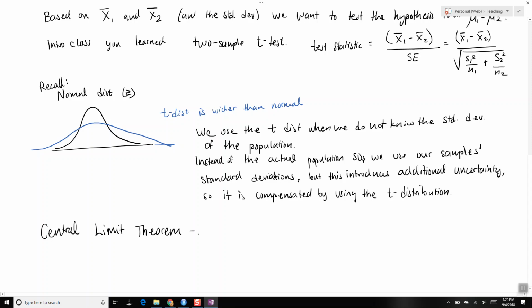Does anyone want to take a stab at it? There's something called a sampling distribution. Does anyone remember what a sampling distribution is?